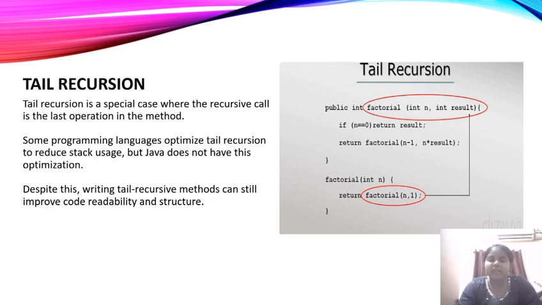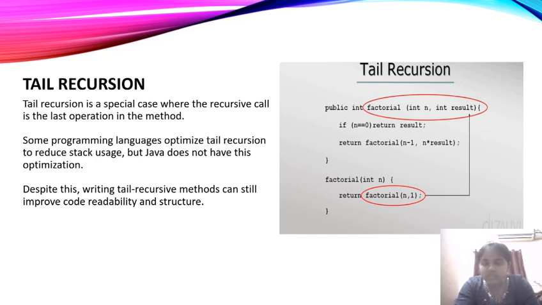Some programming languages optimize tail recursion to reduce stack usage, but Java does not have this optimization. Writing tail recursive methods can still improve code reliability and structure. We can see in this image how the tail recursion program looks.